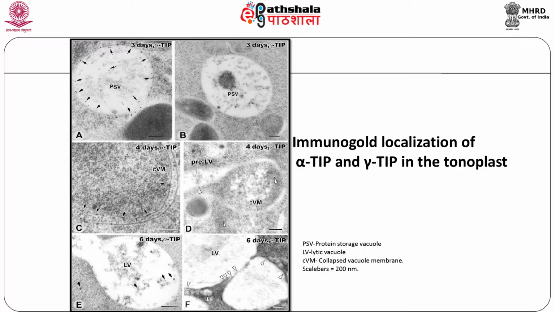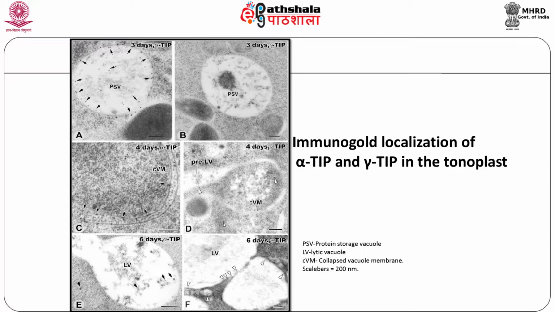A and B show PSVs of 3D plant whose tonoplast membranes are strongly labeled, shown by arrow, with anti-alpha TIP antibodies in A, but not anti-gamma TIP antibodies in B. Some labeling of vacuolar contents is also seen in A.